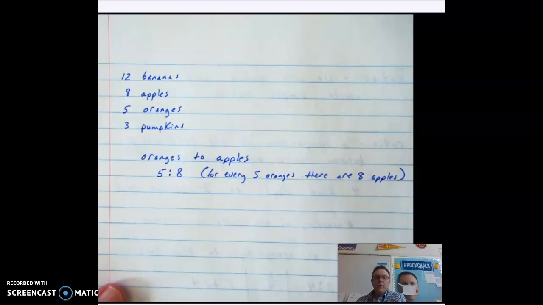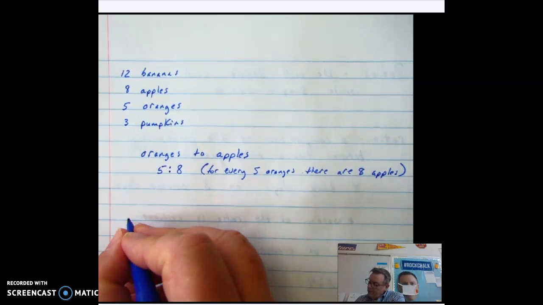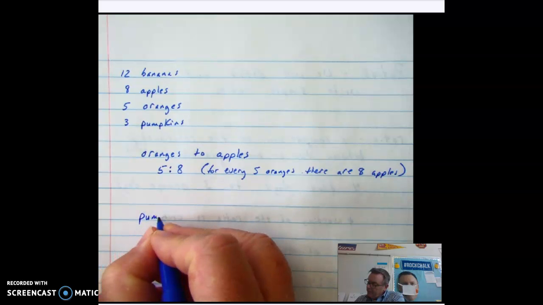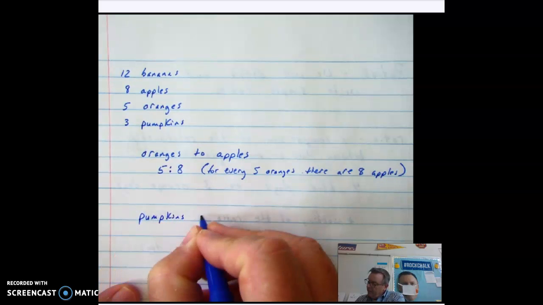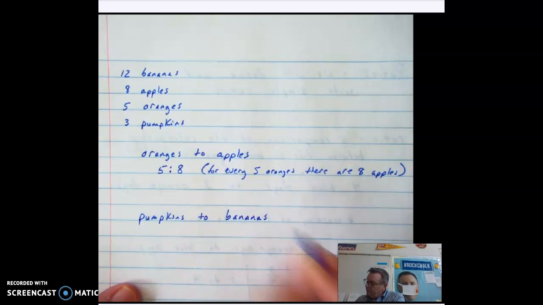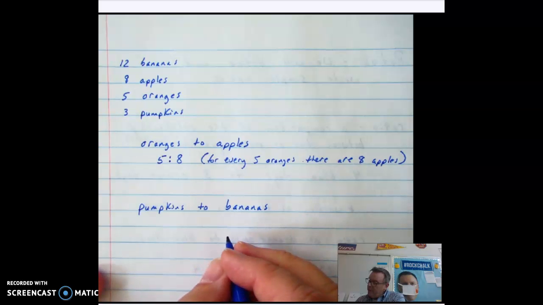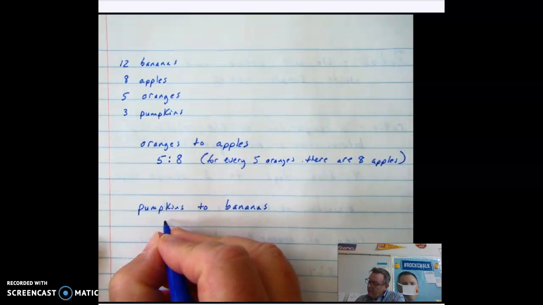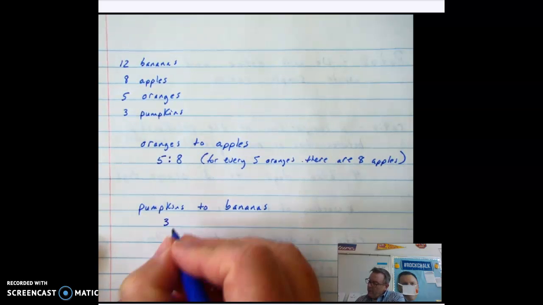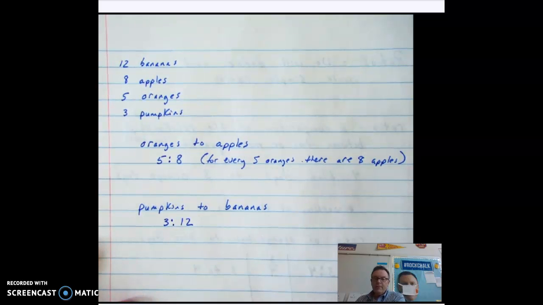Okay, let's try another one from there. How about if I do pumpkins to bananas? Okay, give you a second to think about it. Okay, if I go pumpkins to bananas, that's 3 pumpkins compared to 12 bananas.